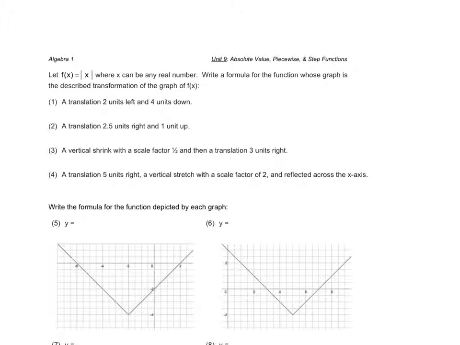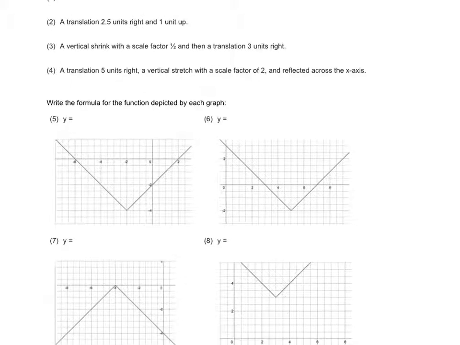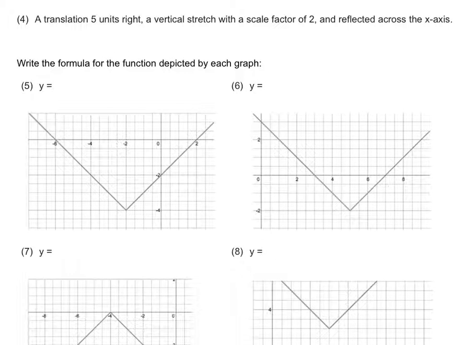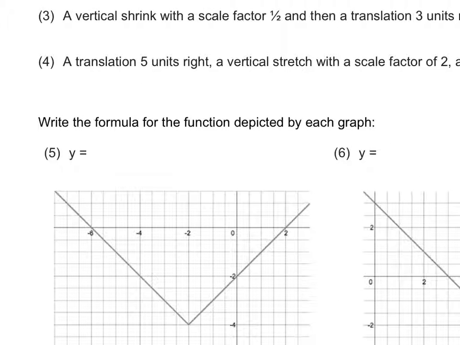So the next little section is asking you to write the equation, but I know you can handle that. What I want to do is jump down to number 5 and show you how to write the formula for the equation of the absolute value function.